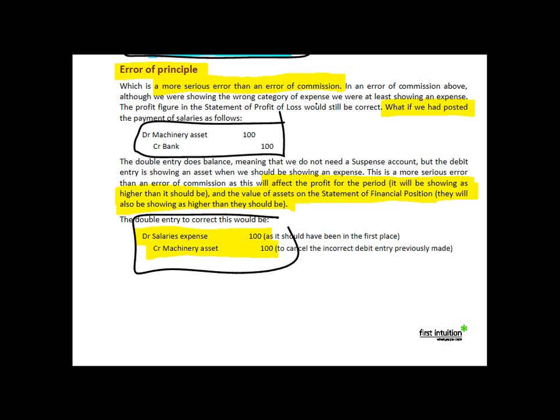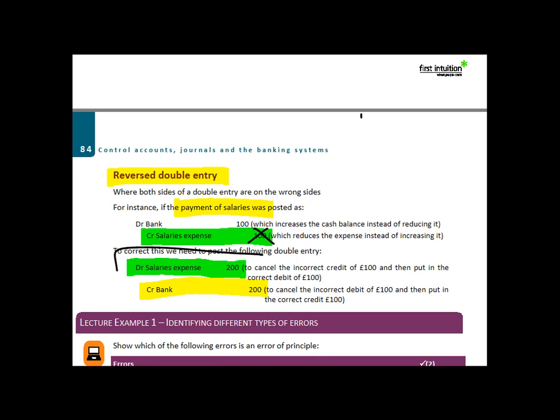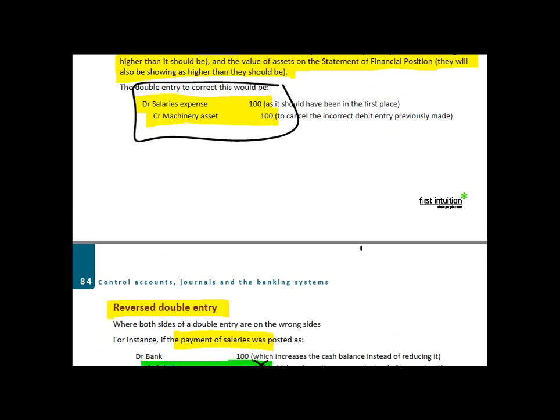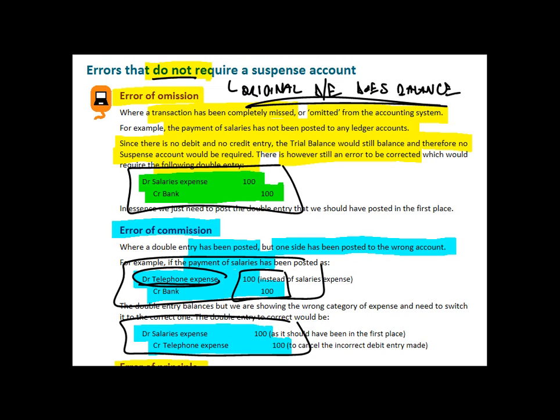Third one was debit salaries expense, credit machinery asset, no impact on the suspense account. And that final one was debit salaries expense, a total of 200, credit the bank, a total of 200, no impact on the suspense account. And that's because in each case, the original double entry posted was wrong, but at least it balanced. So therefore, no impact on the trial balance and no impact on the suspense account.